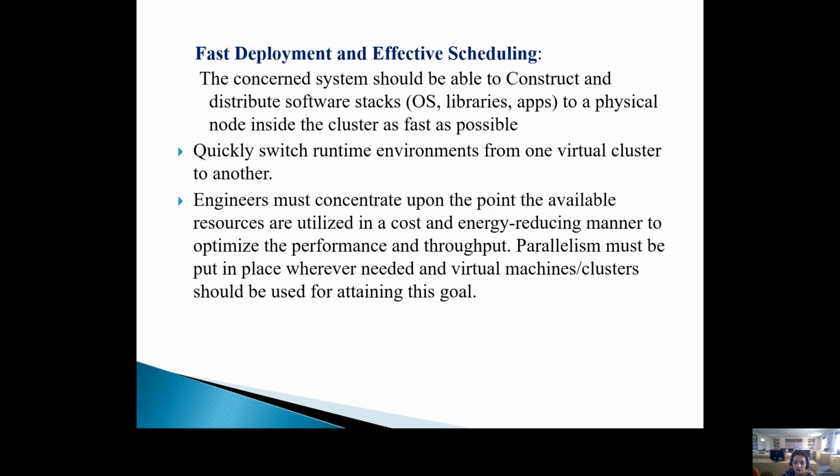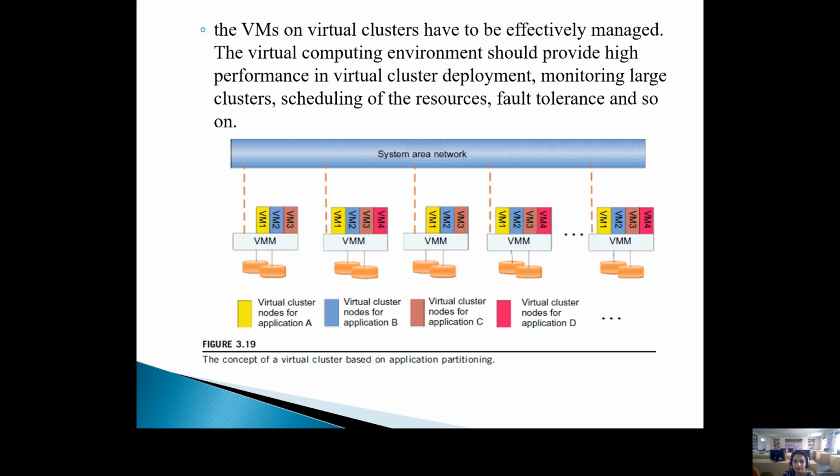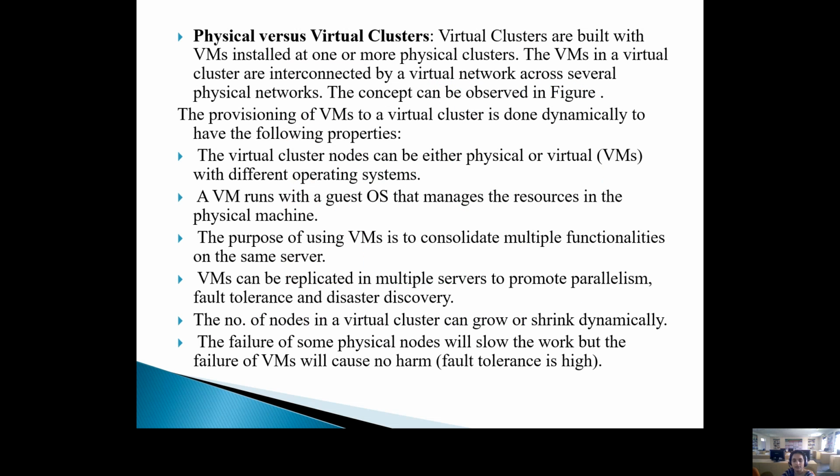What is meant by fast deployment? Before explaining this, here is physical versus virtual clusters. A virtual cluster can be built with virtual machines installed at one or more physical clusters. The virtual machines in a virtual cluster are interconnected by the virtual network across several physical networks. We have seen the concept in this diagram.